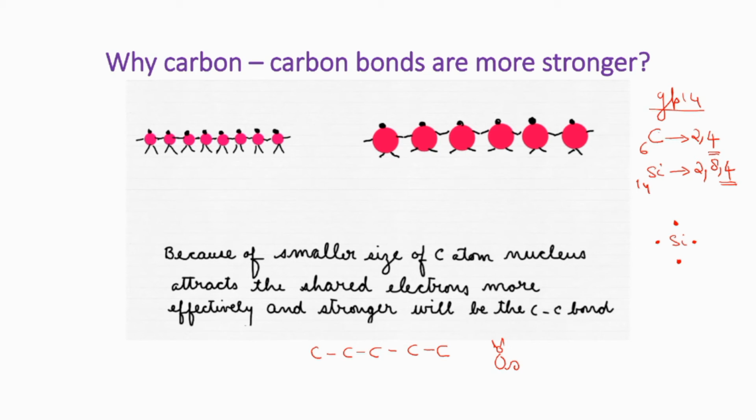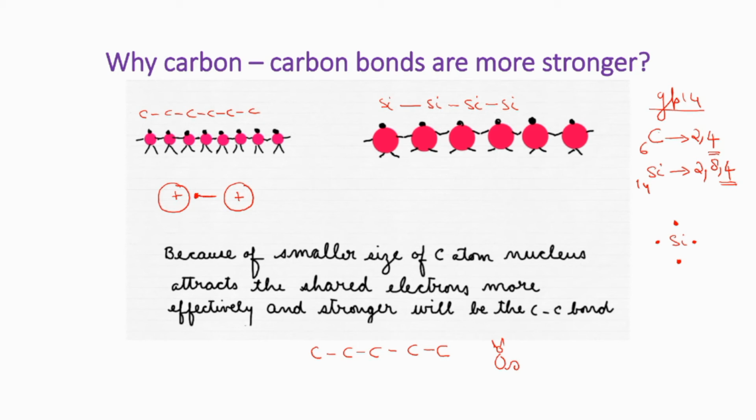Okay, yeah, see this picture. There, imagine all these are carbon atoms and all these are silicon atoms. Silicon atoms are much bigger in size. Now, again draw one more time. This is one carbon atom and this is another carbon atom. In between two carbon atoms, like we know, a covalent bond will be present.